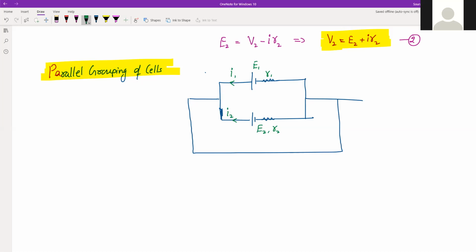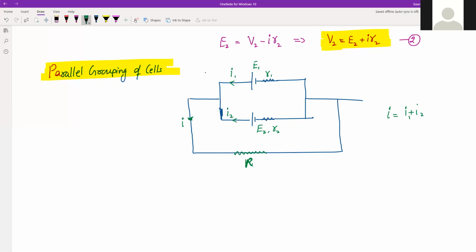Now when they come together here, this is our external circuit where there is an external resistance R. Right. So one thing is obvious, that I is equal to I1 plus I2, because those two currents will be equal to the total current.